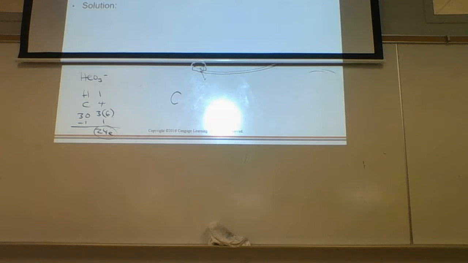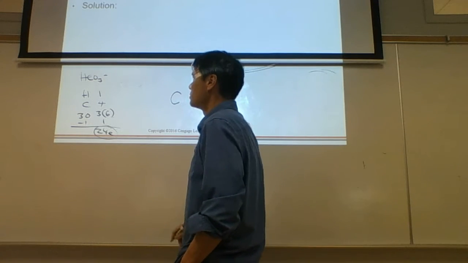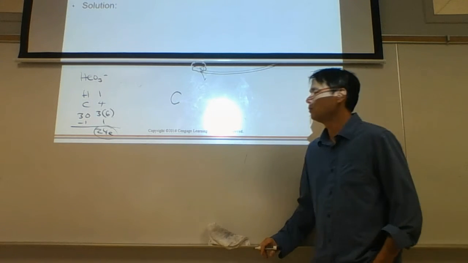What is the problem? It's not supposed to be in the center. Why? Because it can only share one. Yeah, it can only form one bond. And so hydrogen doesn't go in the center. Even though hydrogen is the least electronegative, we aren't going to put it in the center. We'll put carbon there.